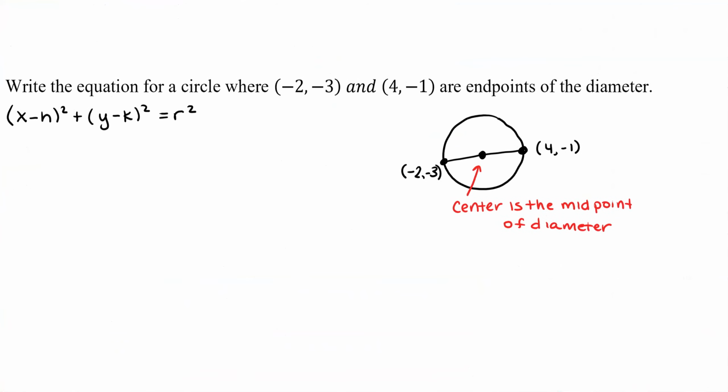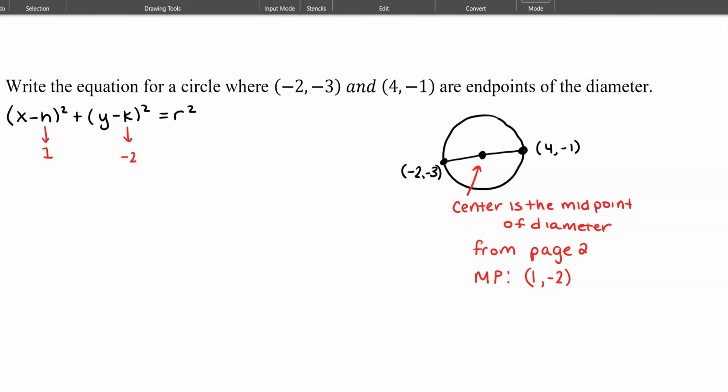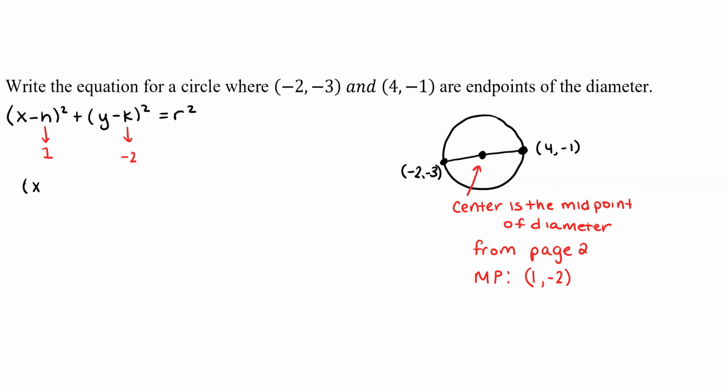So from page 2, the midpoint was going to be (1, -2). So that tells me my h is 1 and my k is -2. So when I put those in, I get x minus 1 squared plus y minus -2 squared.